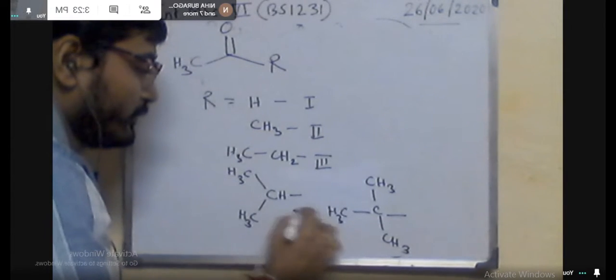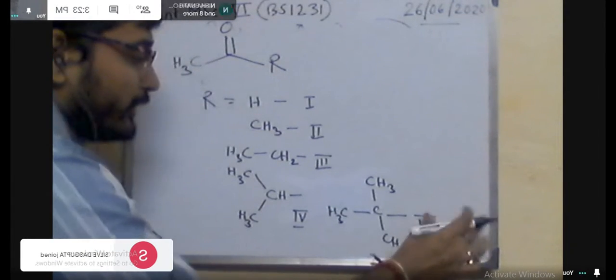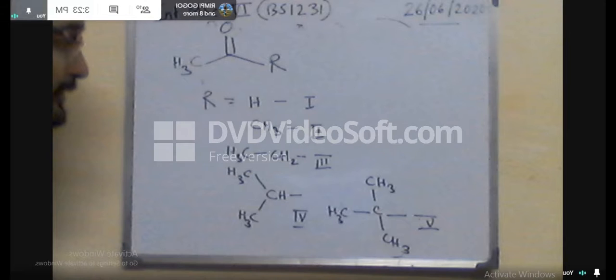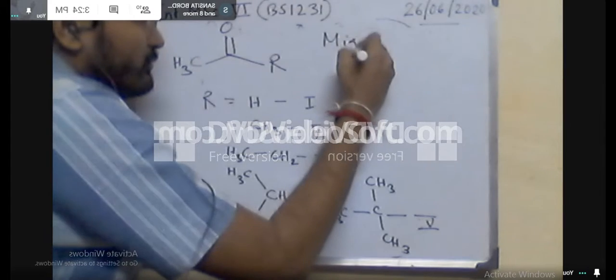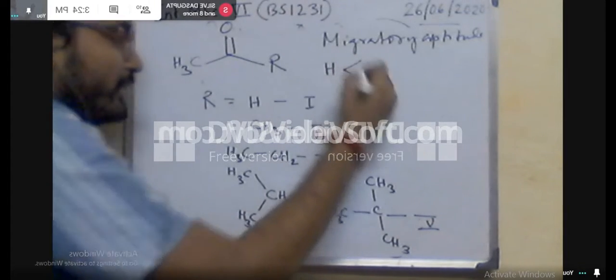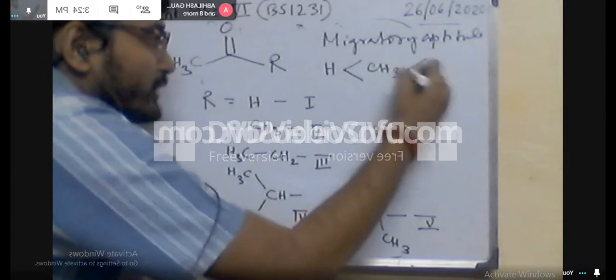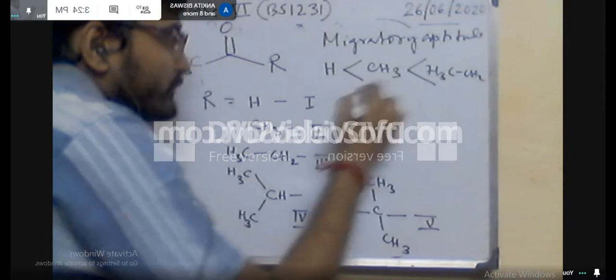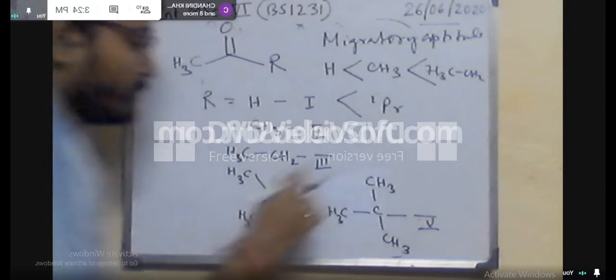Now here the order of the migratory aptitude is hydrogen is less than methyl, is less than ethyl, less than isopropyl, this group is the isopropyl group, less than tertiary butyl. That means the order of the migratory aptitude, you can see, if the substituents in this center, that means in this carbon, so this is the carbon and it is attached with different substituents.